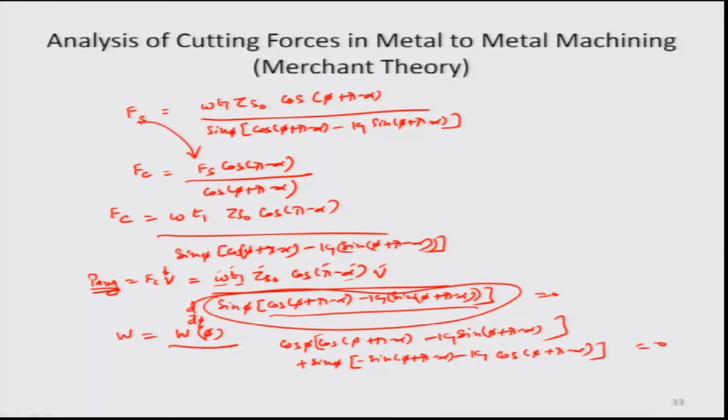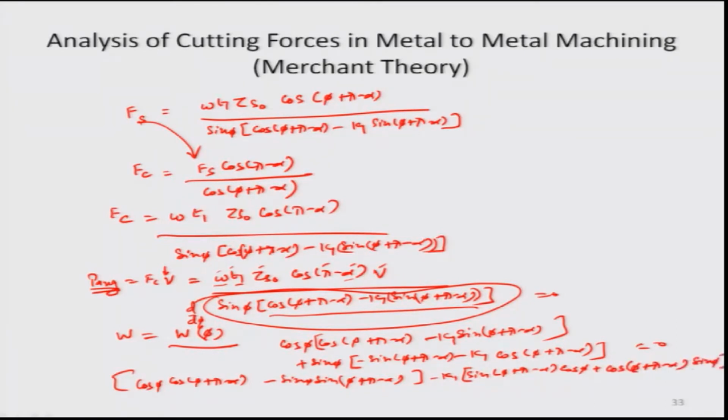If you separate these terms out, we are able to write this separately as cos of (phi plus lambda minus alpha) cos phi minus sine phi sine of (phi plus lambda minus alpha), minus k1 times of sine of (phi plus lambda minus alpha) times of cos phi plus cos of (phi plus lambda minus alpha) times of sin phi. And this is equated to 0.